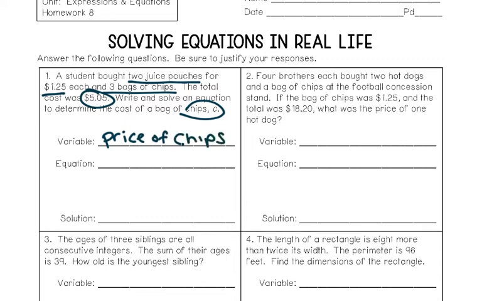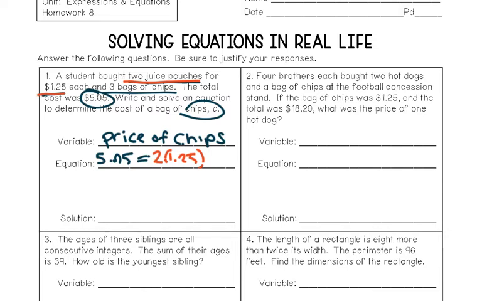Now it's time for the equation. We are told that the end result of this transaction is going to be a total of $5.05. So that is going to go on our left side of our equation. We've also been told that they bought 2 juice pouches and the price of each of those was $1.25. So we can put 2 and then inside the parentheses 1.25 to represent our juice pouches.